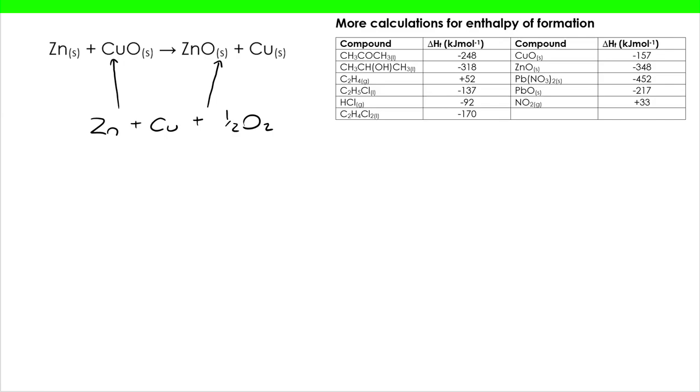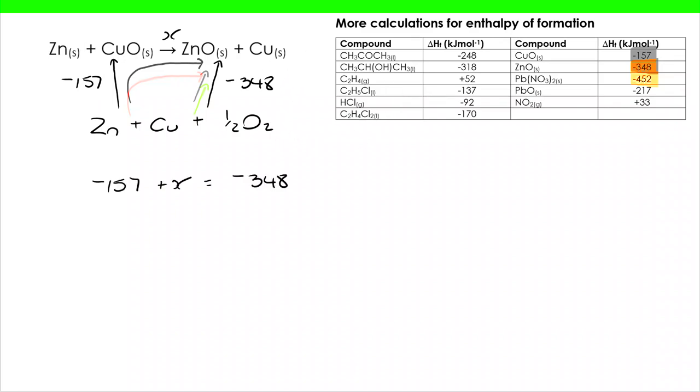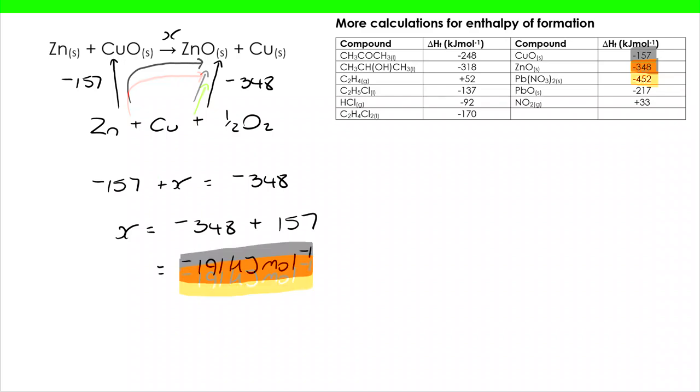So I've got my 2 routes, I find the data that I need, I've got that highlighted here, and I'm going to put those in. I've got my X that I'm calculating, I've got my negative 157, and I've got my negative 348. So I can now write out my expression. Once I've got that, I can rearrange it to make X the subject. And once I've done that, I can calculate X. And X comes to negative 191 kilojoules per mole.